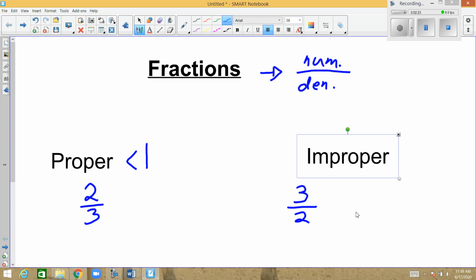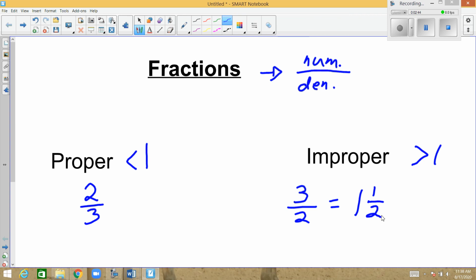However, on our fraction, this number here, our improper, should be greater than 1, which could also be written as a mixed number because this has a different value. And sometimes when we get to larger numbers in the real world, we don't want to hear we got 3 halves of something. We want to know that we have 1 and 1/2.